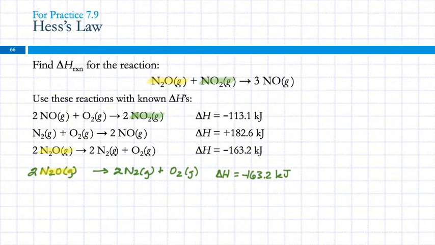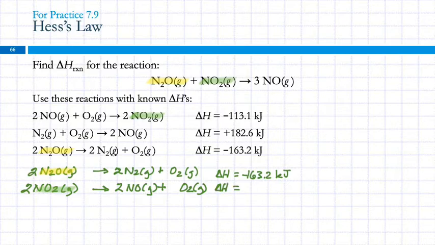So I'm going to write that one backwards. 2 NO2 making 2 NO plus O2. What do I have to do to delta H then? Change the sign. So it was negative 113.1, now it's positive 113.1. It's like buying and selling. It's the same amount, it's just opposite.